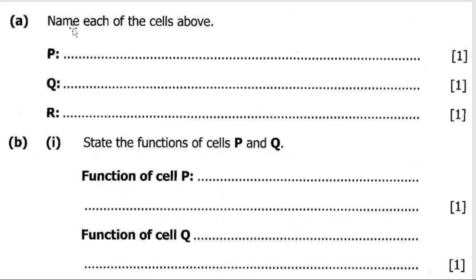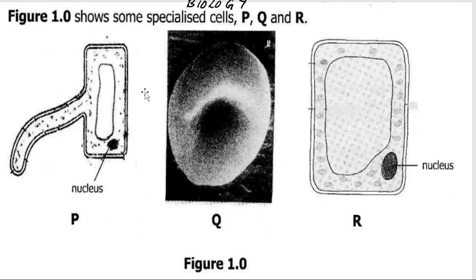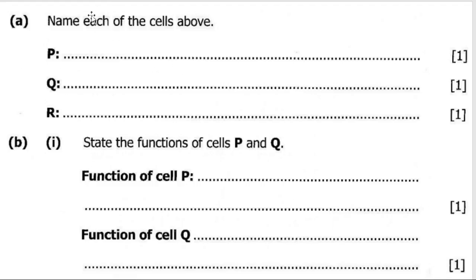They are saying, name each of the cells above. Looking at the way it is appearing, P is a root hair cell. Q is a red blood cell. R is a palisade cell. I will explain how we have known these cells.